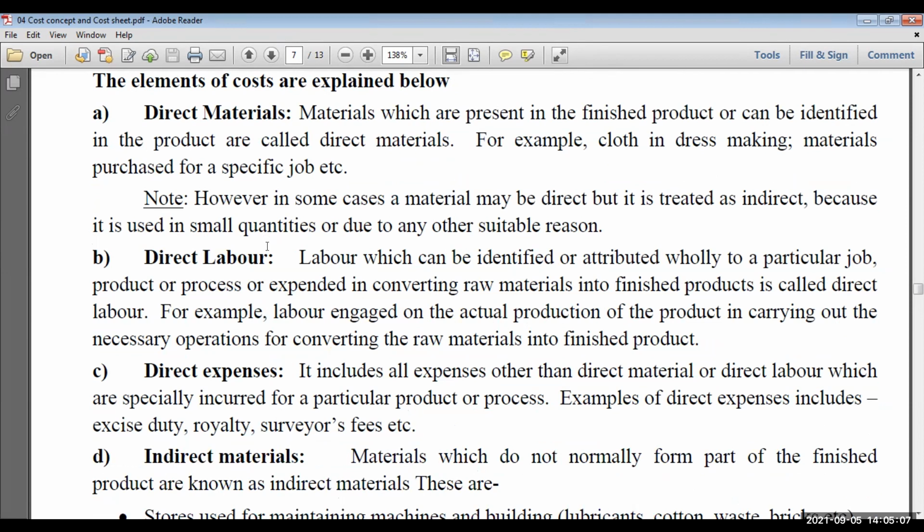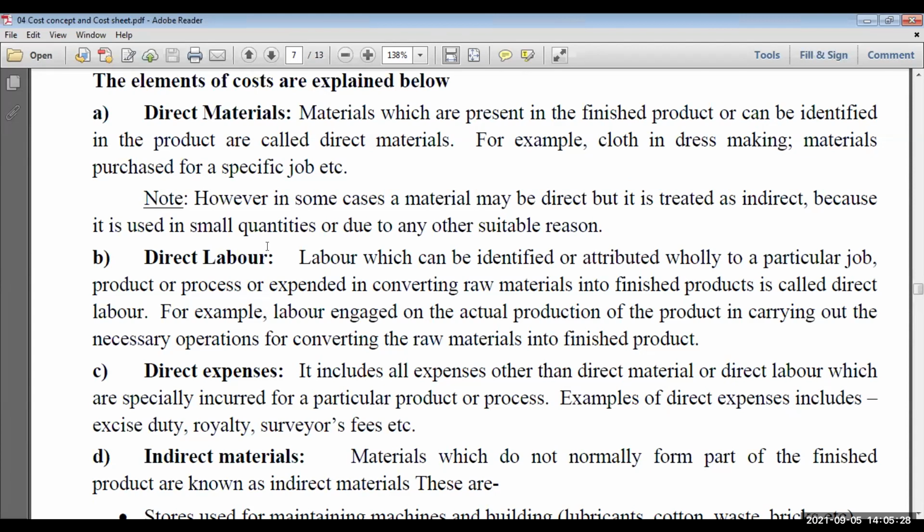Simple meaning: direct means anything which is directly involved in the production process, where we can calculate how much we spent on the production of one unit. If you are able to do that, that is called direct.